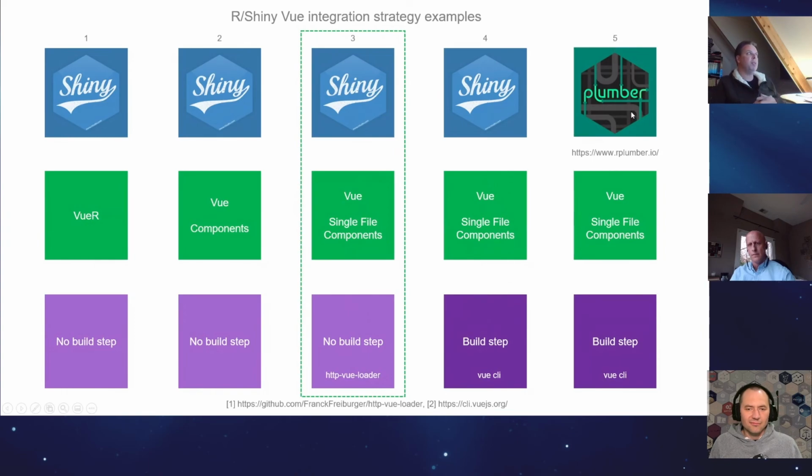And then you have the option of using Plumber, which is an officially supported tool by RStudio, and which says there is no Shiny app. There is a backend that can serve requests, and Plumber is a way you can very quickly create endpoints, like classic REST endpoints, with R code.